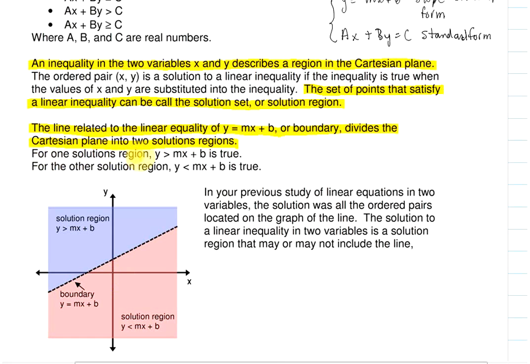For one of the solution regions, if y is greater than mx plus b, and it's true, then you would have the region which is above the line. So this is the blue region on the graph. If the other solution region, y is less than mx plus b, is true, then we would get what's below the line, which is the pink region on the graph.